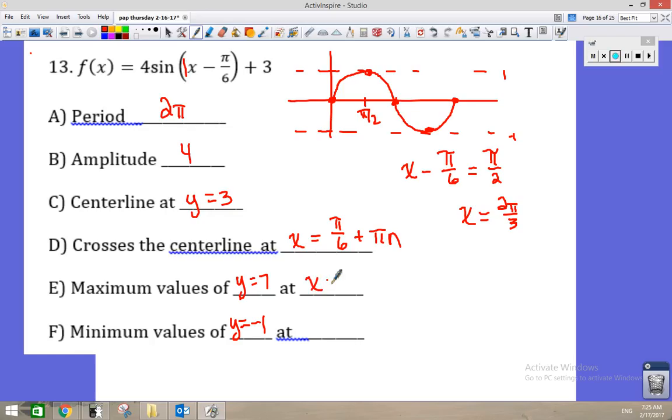So if you input 2 pi over 3 minus pi over 6, then you'll get pi over 2, which is 1, and 4 times 1 is 4, and 4 plus 3 is 7. Or if you're a full period away, and the period here is 2 pi, an integer multiple of that.